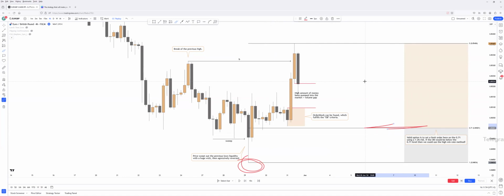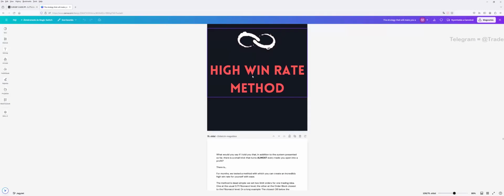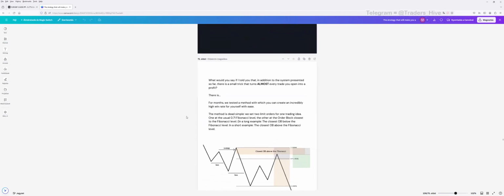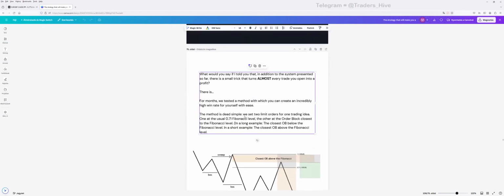But why are we expecting an entry on the 0.71 level when the order block is above the 0.71 level? Let me show you a reference. This is a reference to the high win rate method. In the high win rate method, I state that the method is that simple. We set two limit orders for one trading idea.